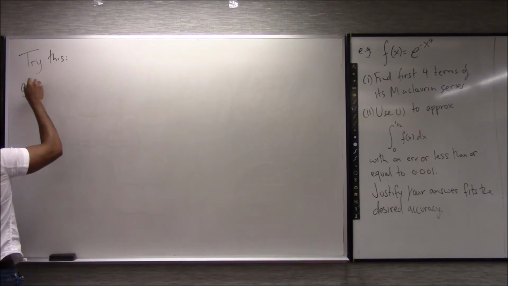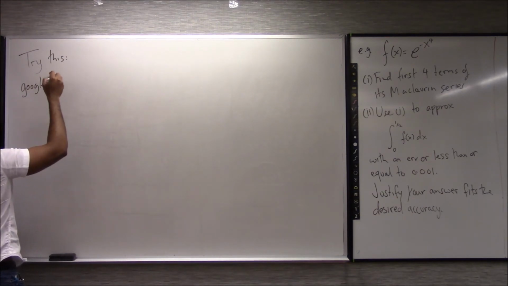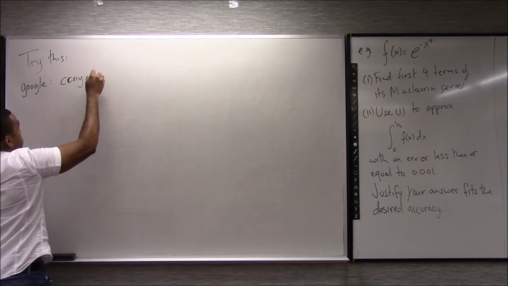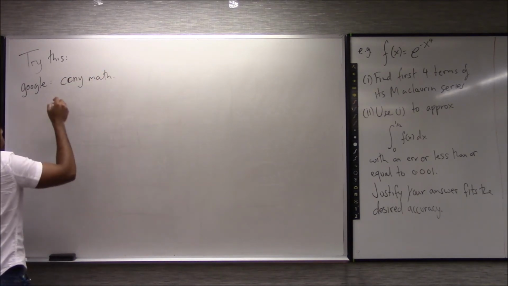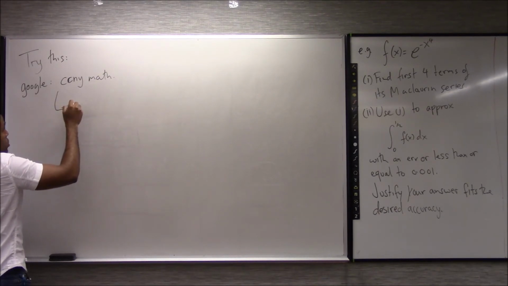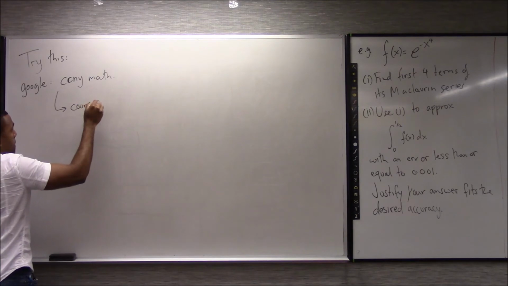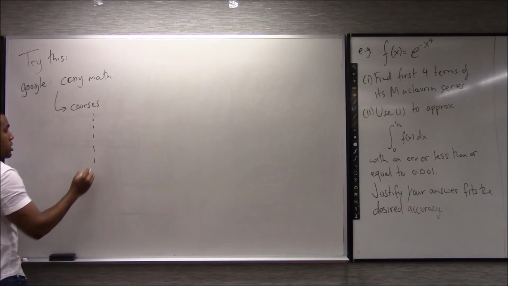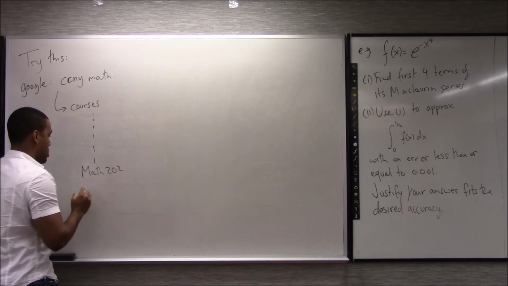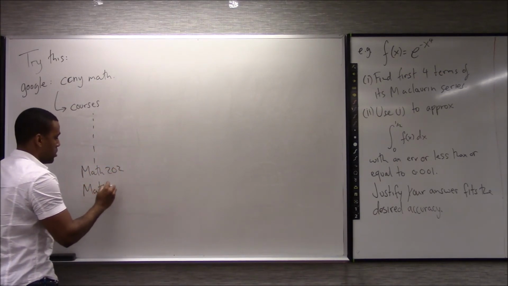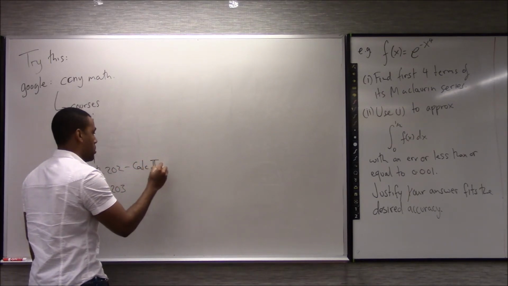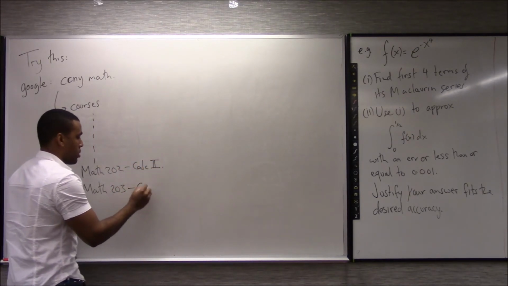It's just for extra practice. Google CCNY math, and you can go to courses. You'll see a list of courses. Among them, you will see Math 202 and Math 203. Now this is Calc 2, and this is Calc 3.